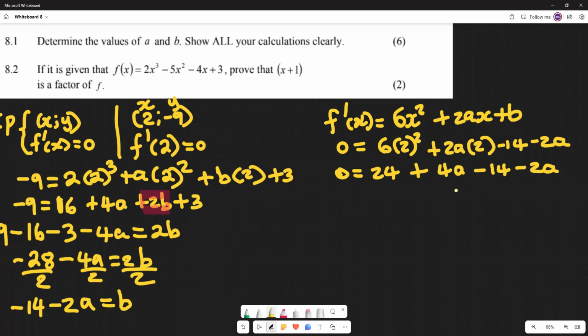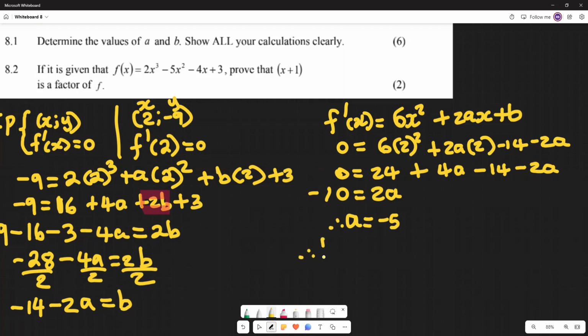All right. And then let's see, what does that give us? 24 minus 14 gives us 10. So I'm going to take it this side to be negative 10. Then here we have 4a minus 2a, that gives us 2a. Therefore a equals minus 5, because I'm going to divide both sides by 2.